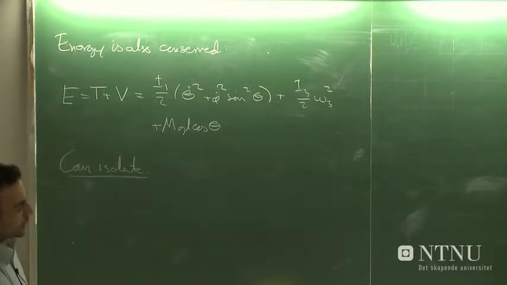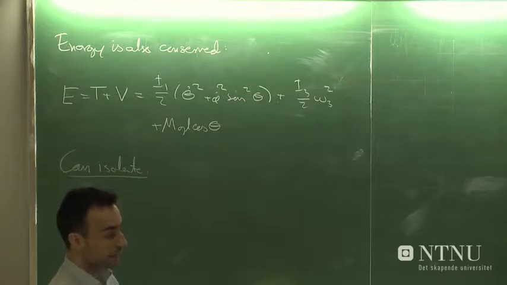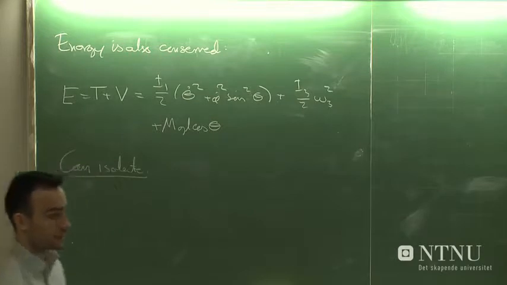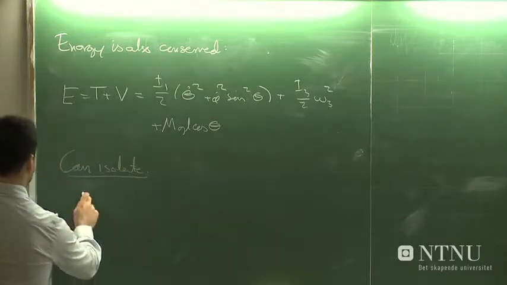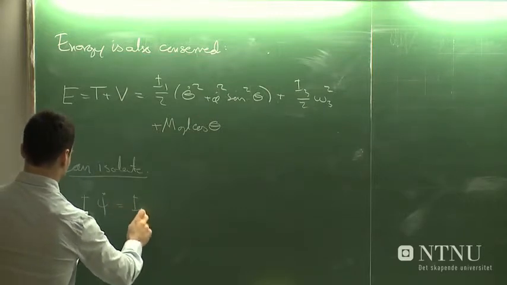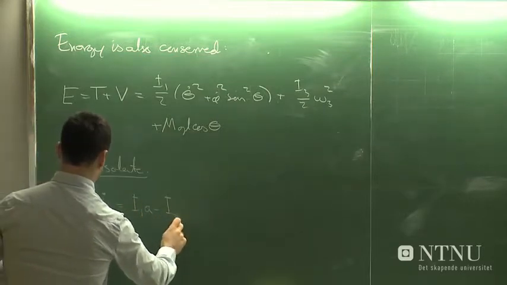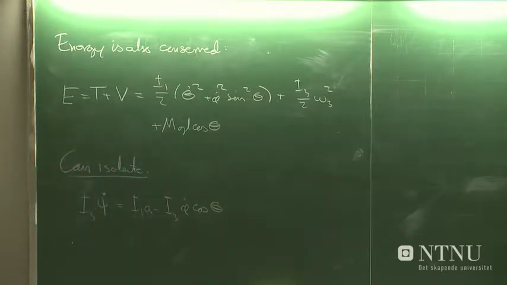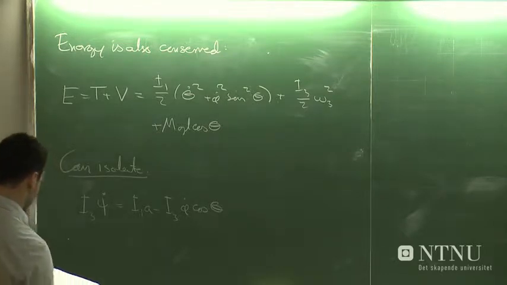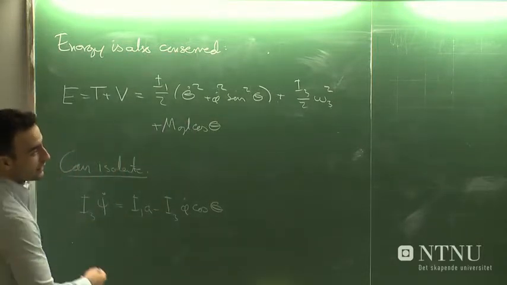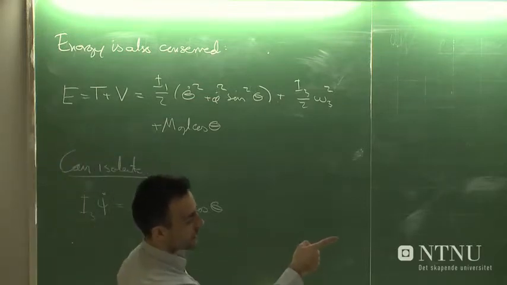Well, one thing we can do is isolate psi dot from the canonical momentum. So we have this from the equation for p psi. And let me now insert this equation into the conservation law for p phi.